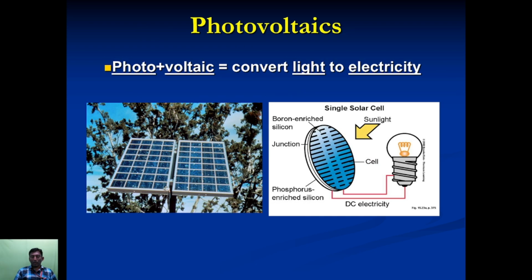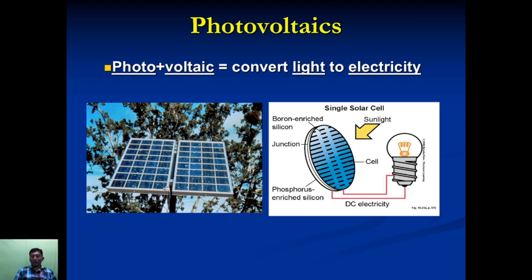Another type is solar photovoltaics. From the name itself we can easily identify it: photo plus voltaic. The light energy is directly converted into electricity, so that is solar photovoltaic. We can see the solar panel in this figure, and the block diagram of the working principle is explained here.